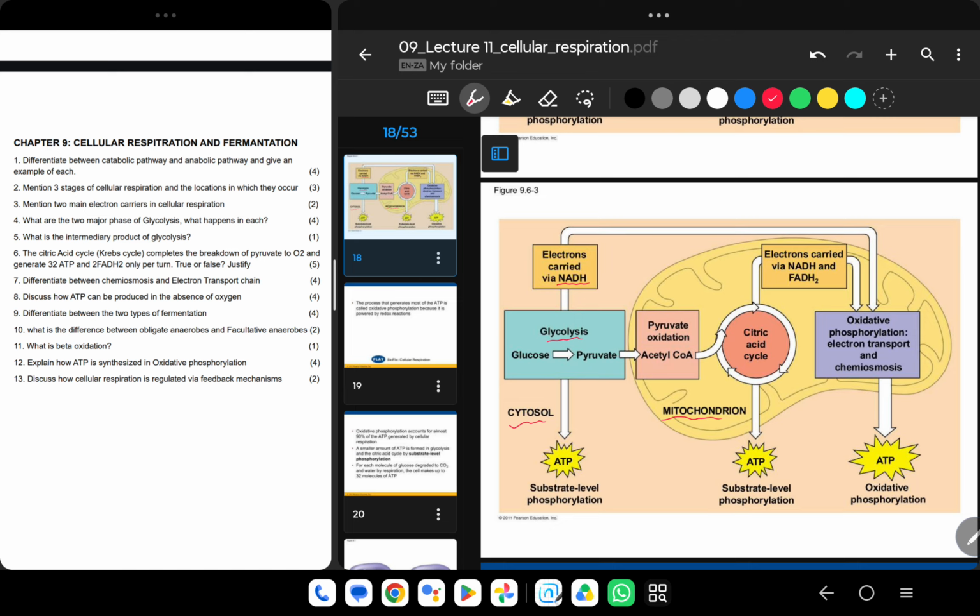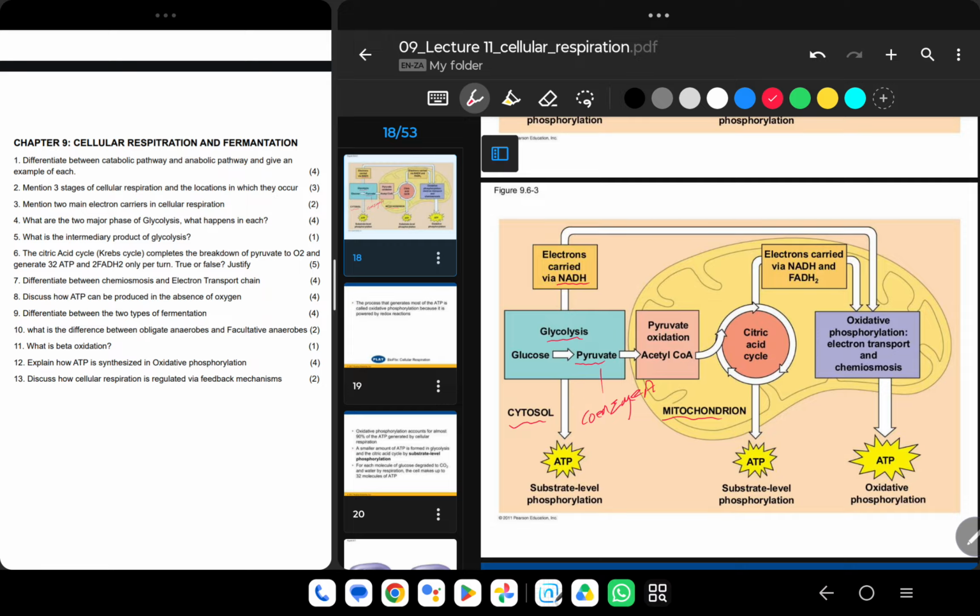In glycolysis it is only about NADH, and in the citric acid cycle they are carried by NADH and FADH2. After pyruvate gets formed, this pyruvate will react with what we call coenzyme A, forming acetyl-CoA through pyruvate oxidation.